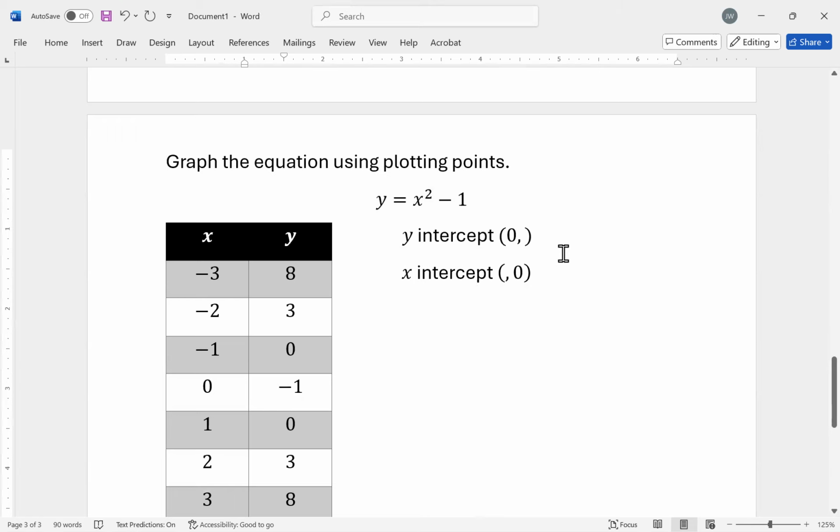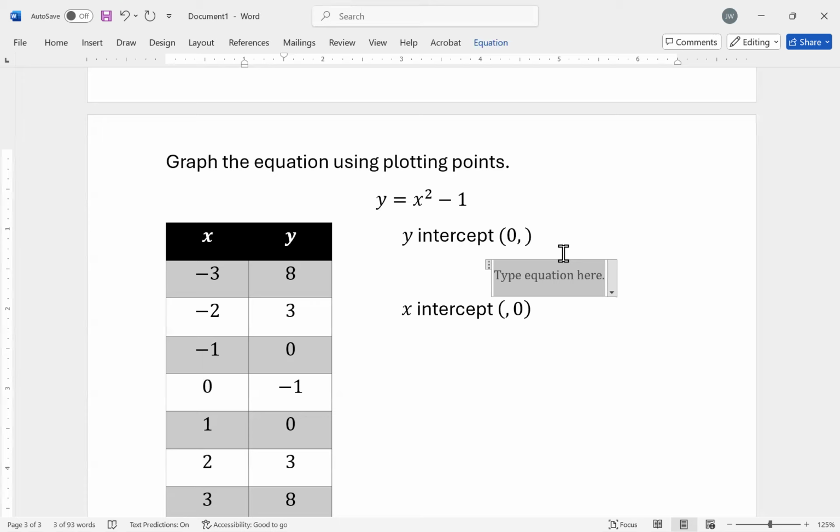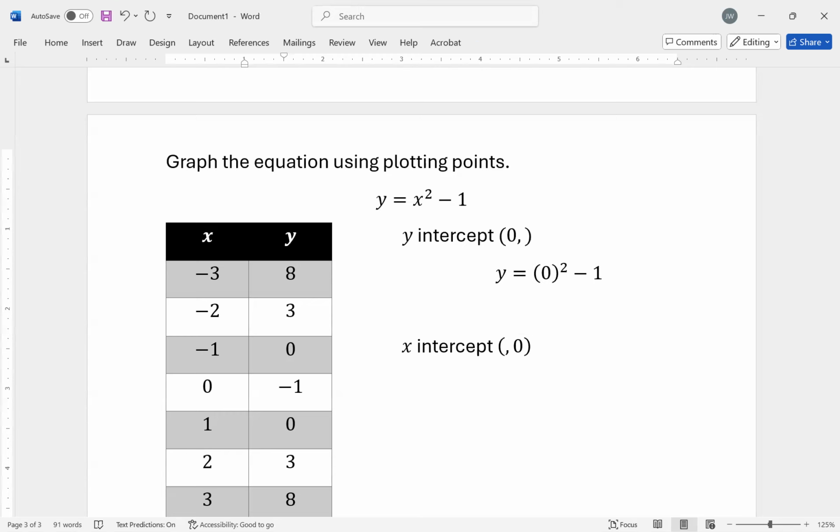So if I were to find the y-intercept of y equals x squared minus 1, I'd plug in 0 for the x. When I square it and subtract 1, I get a y value of negative 1. So the y-intercept is the point 0, negative 1.